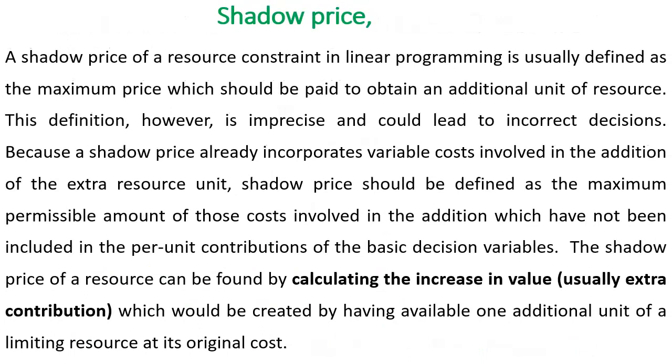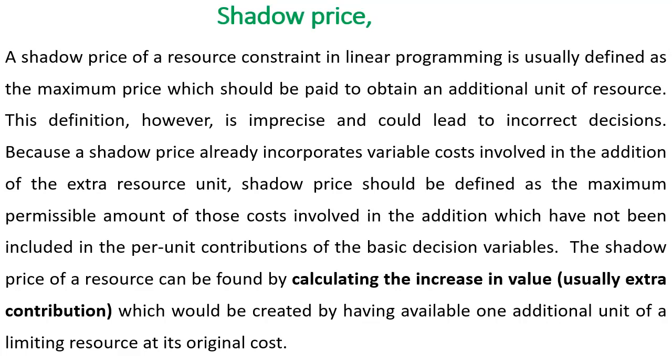Its definition is very impressive but could lead to incorrect decisions, because the shadow price already incorporates variable costs included in the addition of the extra resource unit. Shadow price should be defined as the maximum permissible amount of those costs involved in the addition which have not been included in the per unit contributions of the basic decision variables.